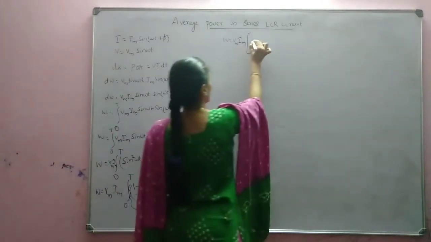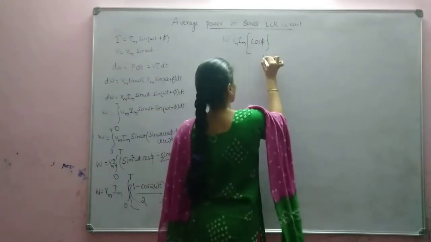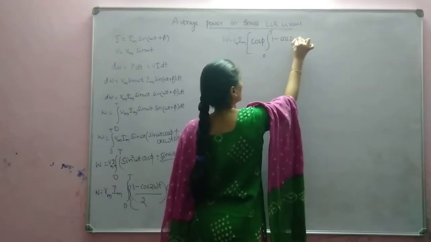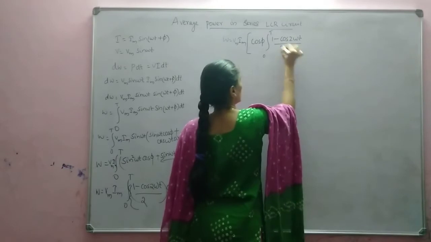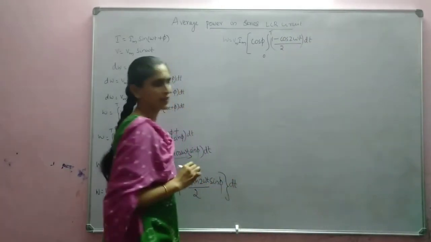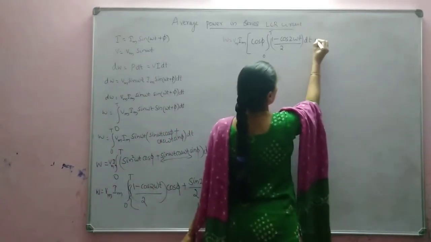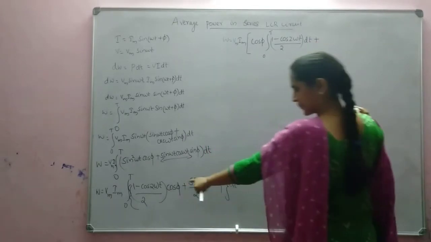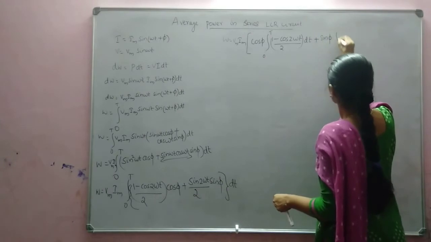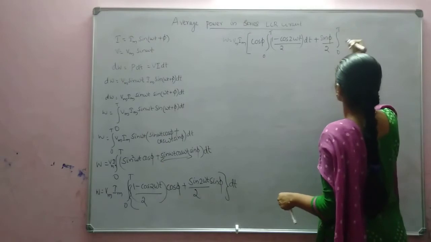So we can write cos phi integral 0 to t, 1 minus cos 2 omega t by 2 into dt, plus sin phi integral 0 to t, sin 2 omega t by 2 dt.